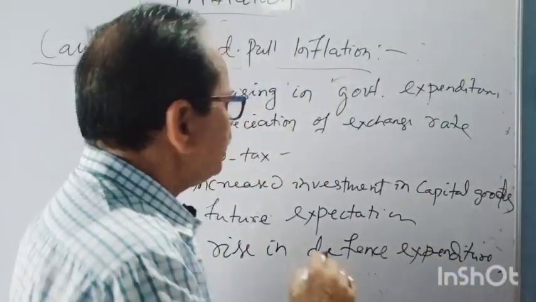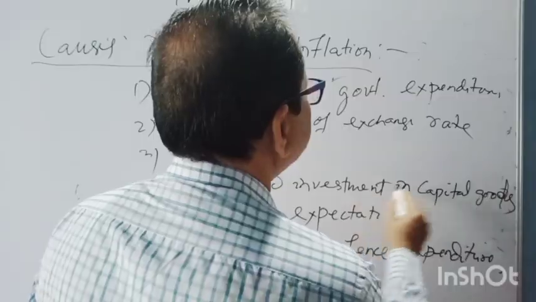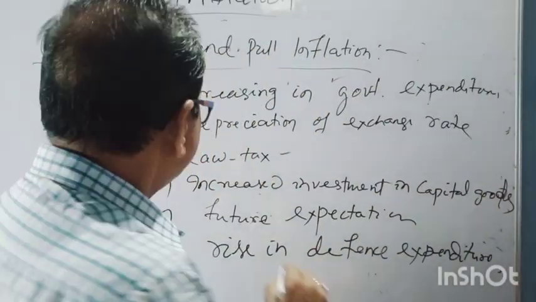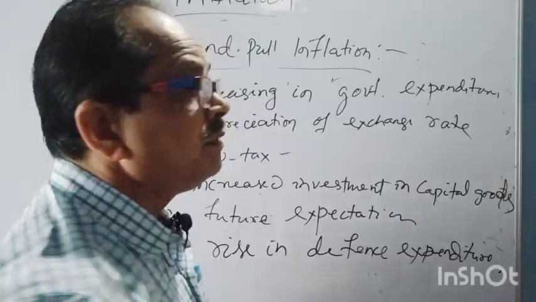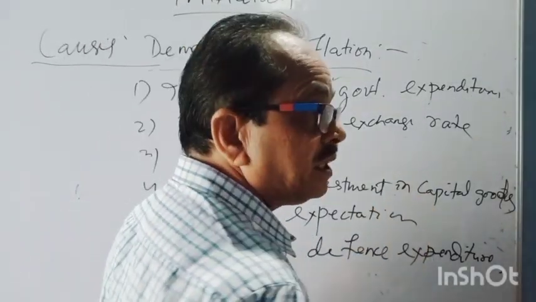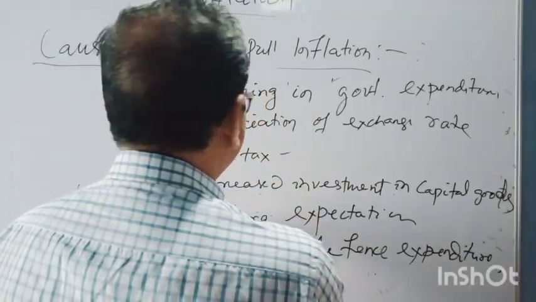When the government invests more and more in this, that is the increased investment in capital goods, and it is also one of the important causes of the rise in the price of essential commodities. Then, future expectation.